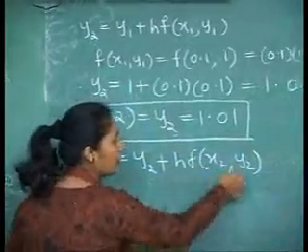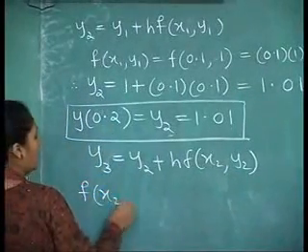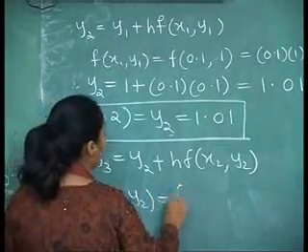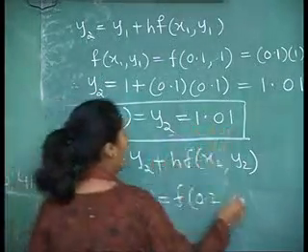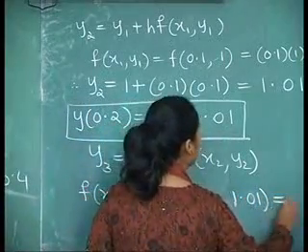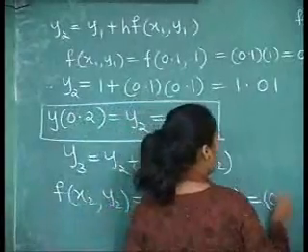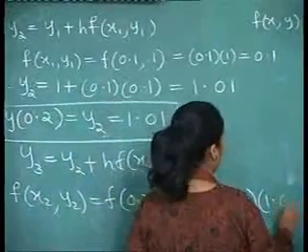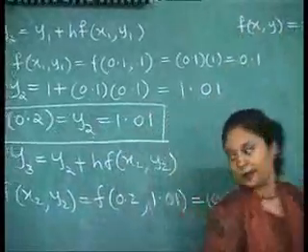Let me calculate the function values separately. f of x2, y2. x2 is 0.2 and y2 is 1.01. That will be 0.2 into 1.01 because f of xy is x into y.